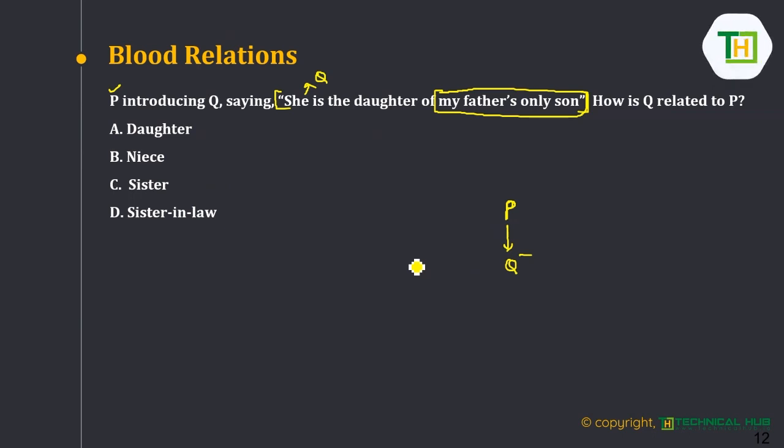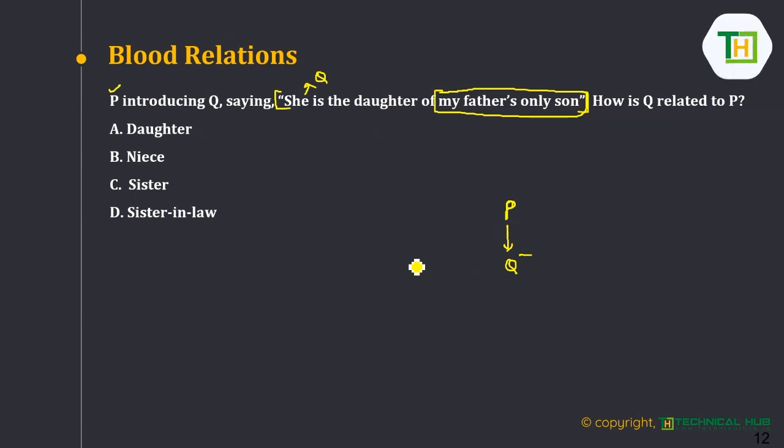Then if Q is the daughter of P's sibling, Q is related to P as niece. In this question, you have two options, daughter and niece. But we cannot introduce a new person if we are getting the answer directly.